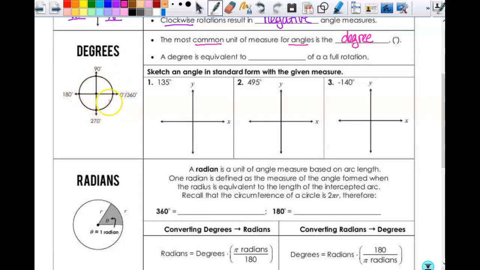So all the way around is 360 degrees. That's a full rotation. So a degree, meaning just one, is 1 out of 360, the full rotation. 1/360th, just a fraction. So 1 degree is 1/360th of a rotation.